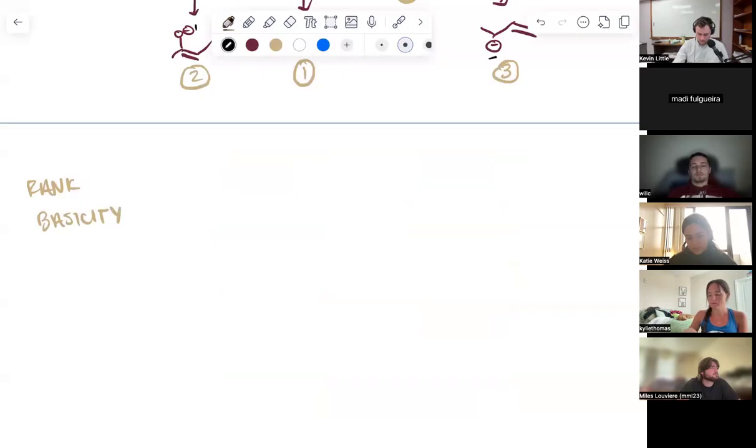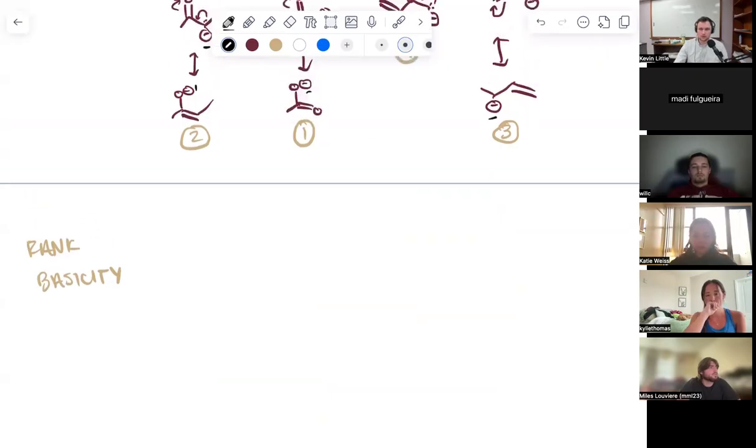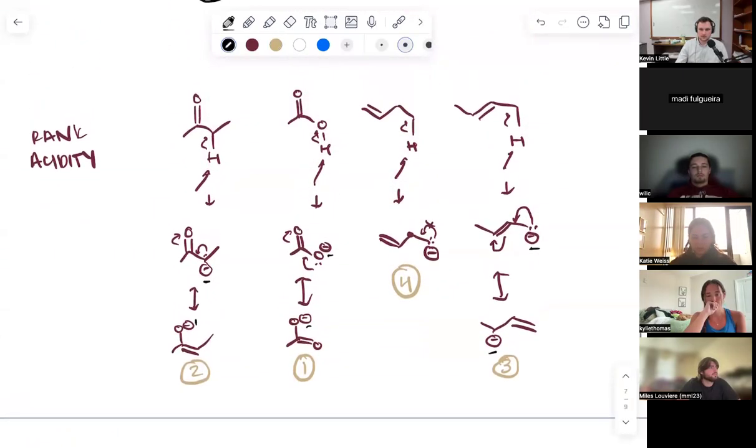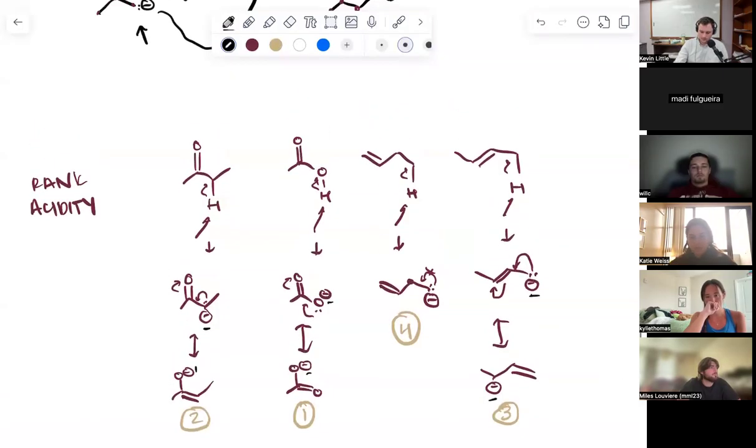Let's try some. The only one that this one doesn't really talk about is hybridization. That's going to be a more stable negative charge than that. SP is more stable than SP2.